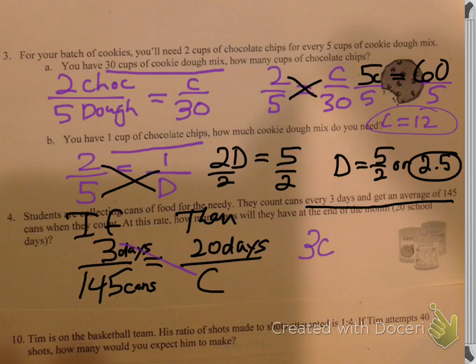Multiply here: 3 times C is 3C. Multiply there: 20 times 145 is, I think, 2,900 cans.